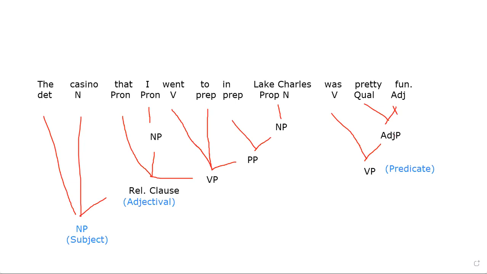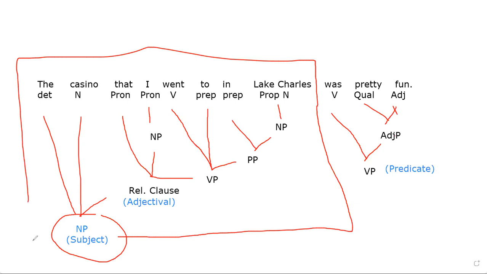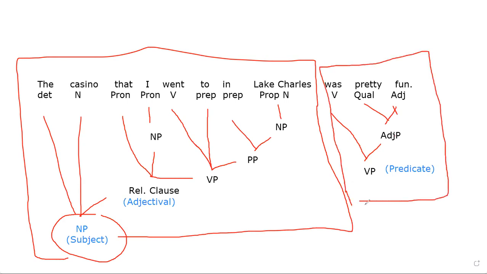And now I hope that you can see visually how the subject of the sentence is incorporating the whole piece. The determiner, the noun, the relative clause. And the predicate of the sentence is combining everything that comes after the main verb, and in this case, an adjective phrase. Okay? If you can see these pieces in your mind, the subject, the direct object, the predicate, right?